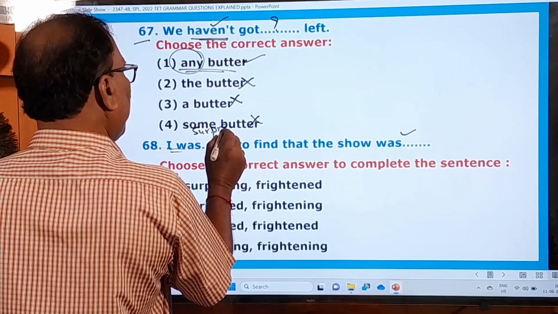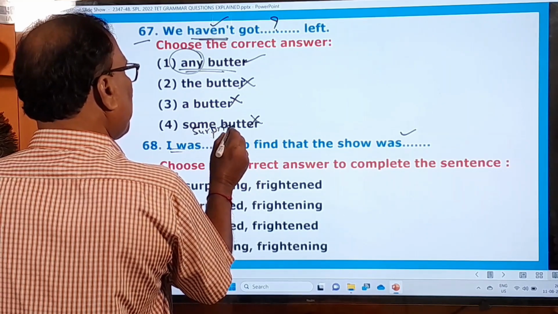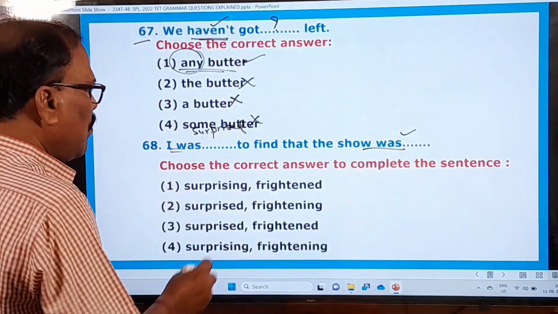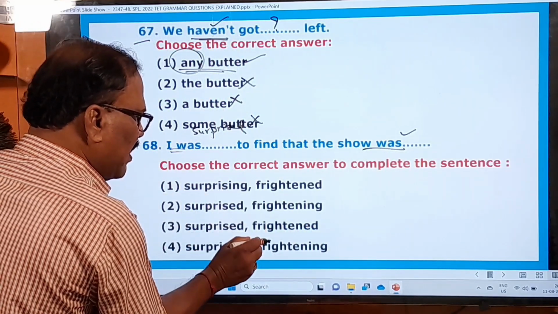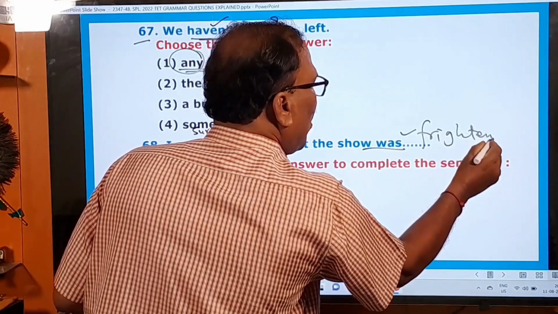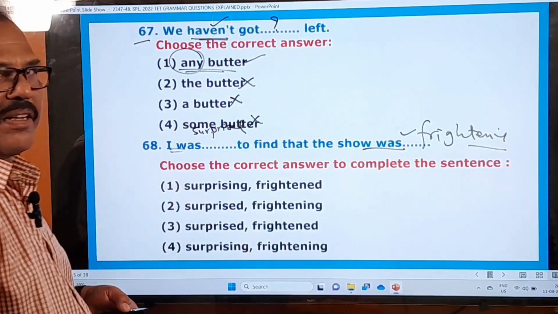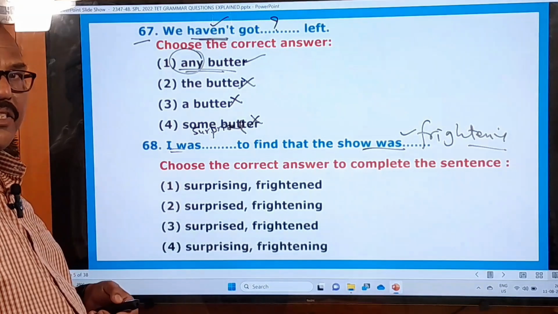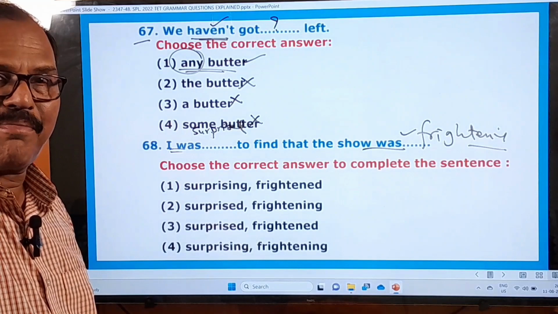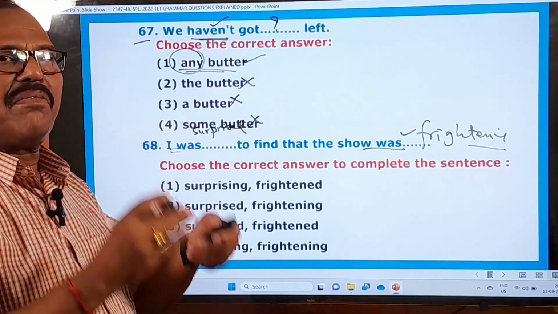I was surprised to find that the show was frightened or frightening? The show was frightening. Frightening means causing fear. It's a frightening experience, a frightening movie. Frightening means causing fear.